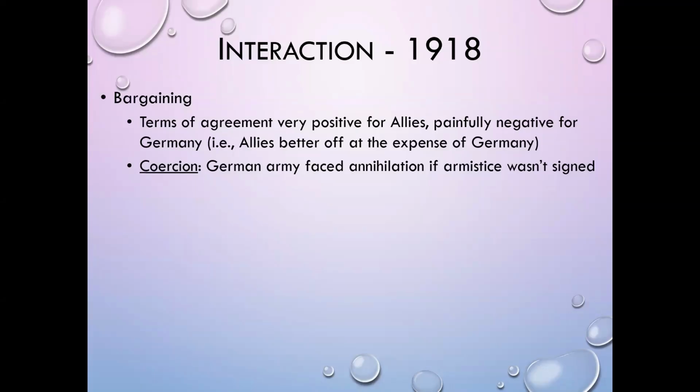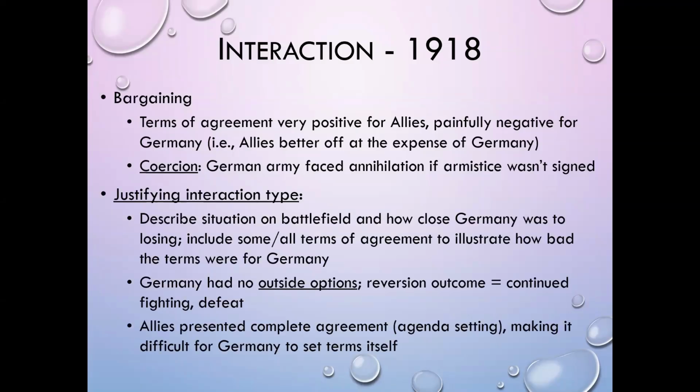The Allies would benefit, Germany would be harmed, and it was under the threat of, if you don't sign, we will defeat you and we will take more than we would get if you signed this agreement. How would I justify this?